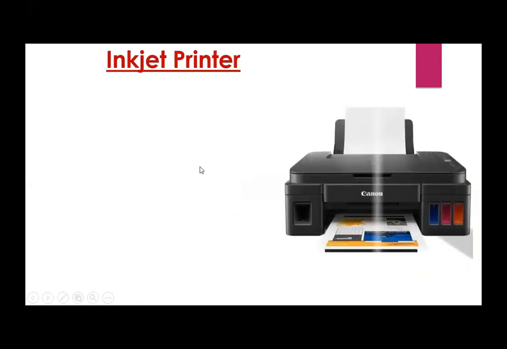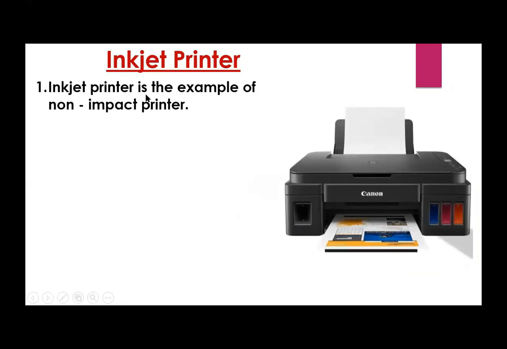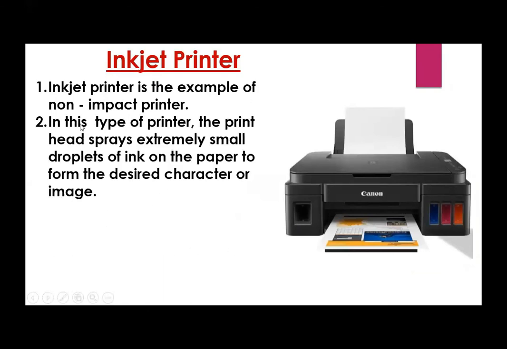After this, we come to the inkjet printer. Inkjet printer is better as compared to dot matrix. This is a picture of an inkjet printer. Inkjet printer is an example of a non-impact printer. In this type of printer, the print head sprays extremely small drops of ink onto the paper to form the desired character or image.